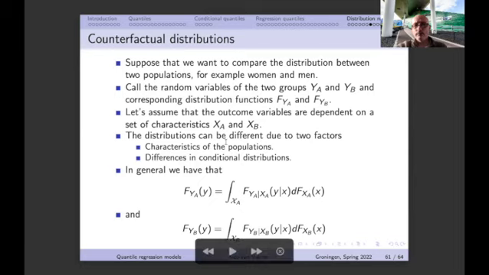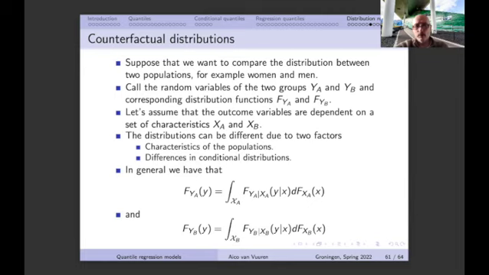In general, and this is a little bit more related to reality, we could expect that men actually get paid better for the same characteristics as women. That's not to say that that actually should be the case, but that is actually what we generally observe.